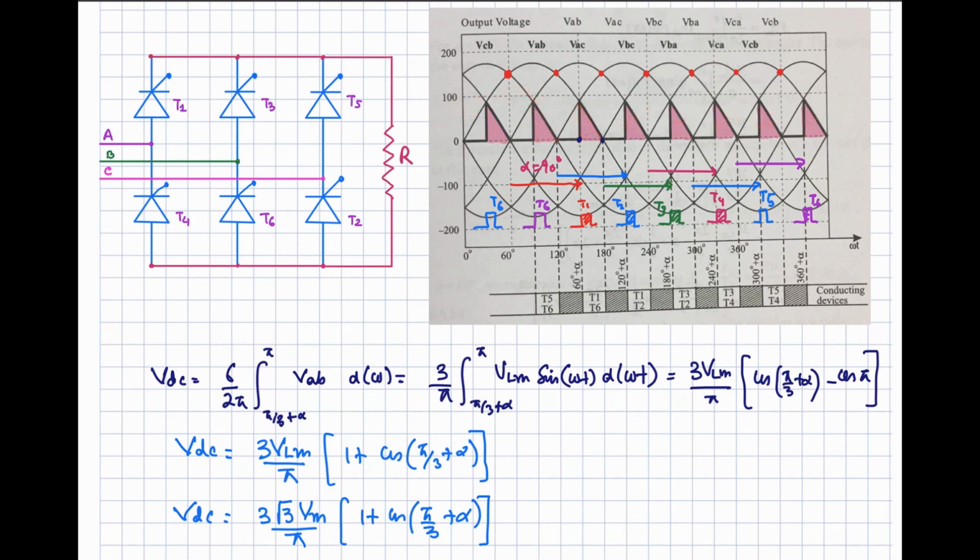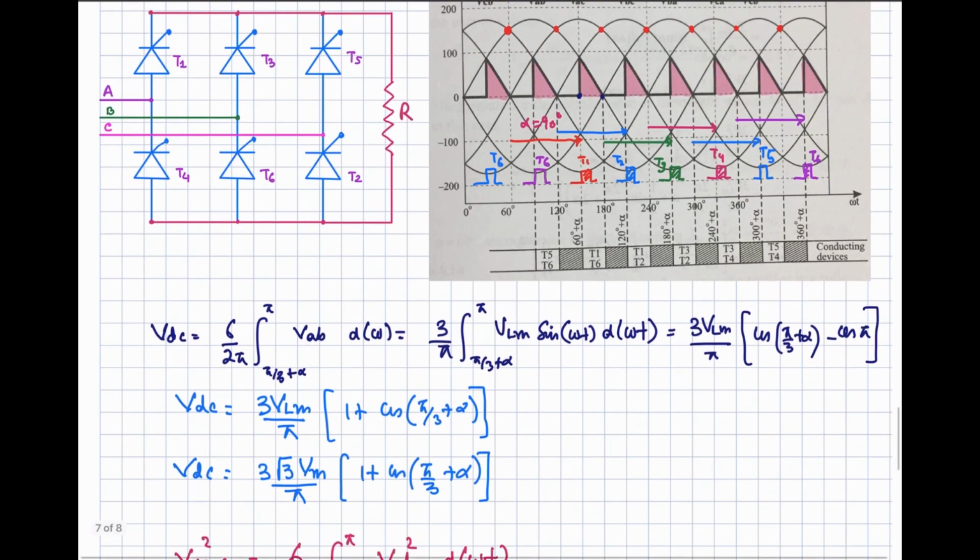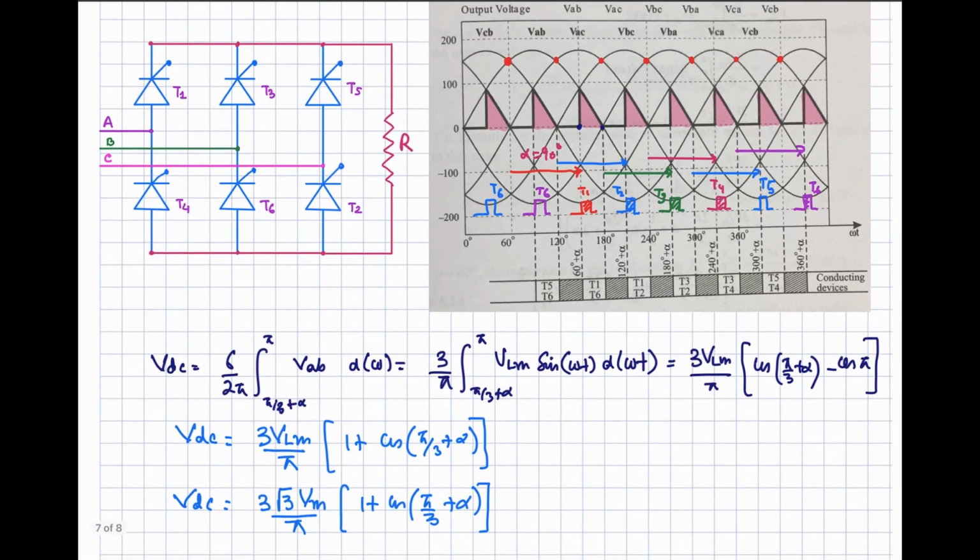So if you want to find out the DC value, you will have to look at one part and then you will have to decide about the limits. So let's take the very first pulse that will be appearing. T1 is there. Let's look at this one. So the reference point is at pi by 3. So what will be the angle of this point? Pi by 3 plus alpha.